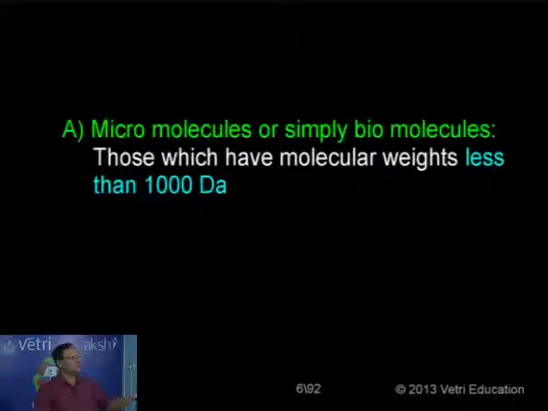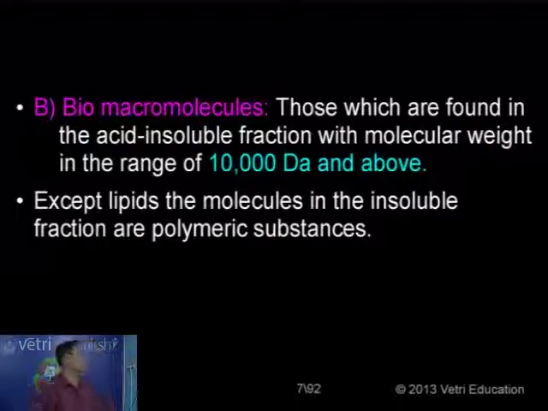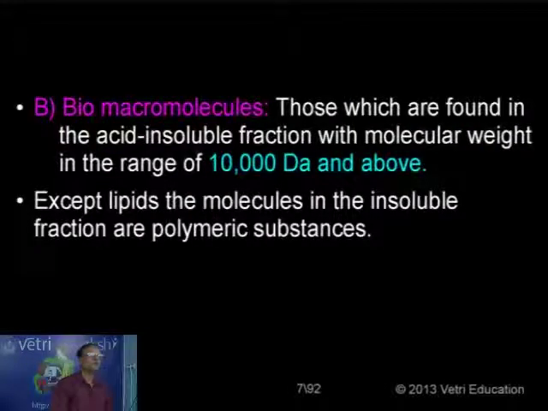Those with molecular weights less than 1000 Daltons come under the category of micromolecules. The next one, biomacromolecules, are those found in the acid insoluble fraction, and micromolecules are found in the acid soluble fraction. Here we can see the acid soluble pool.